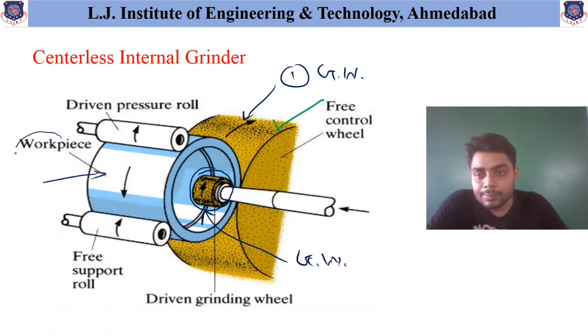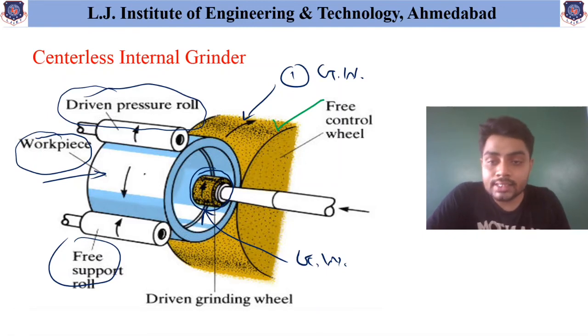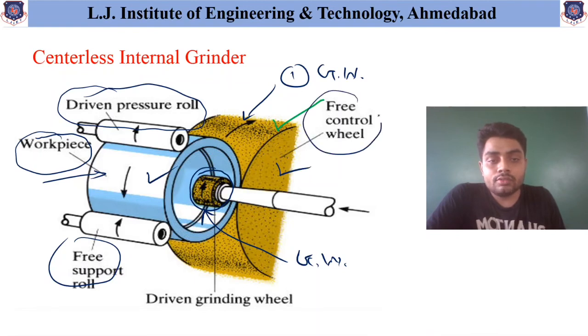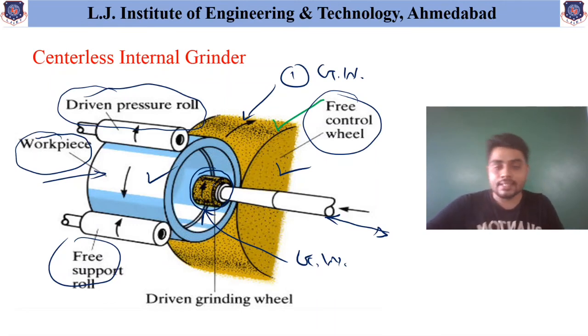This is the workpiece shown over here, and two pressure rolls are provided, a driven pressure roll and a free support roll, which are used to hold this workpiece easily against the free control wheel shown over here. Now as you can see, the main internal grinding wheel is also provided, which moves inside and outside the workpiece, and this grinding wheel also rotates about its axis, and as the movement takes place easily, the internal surface of the component can be machined easily.